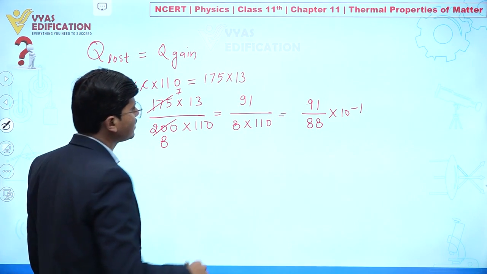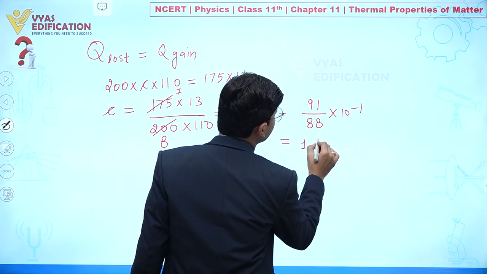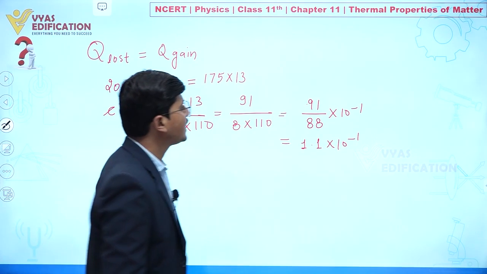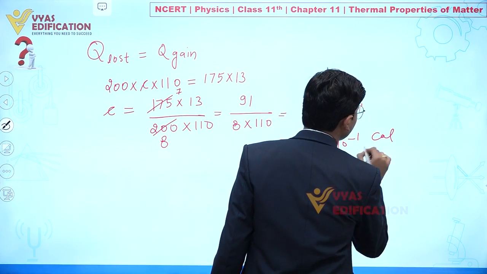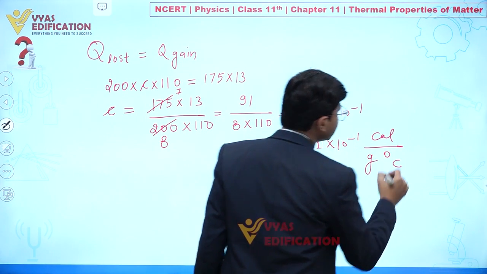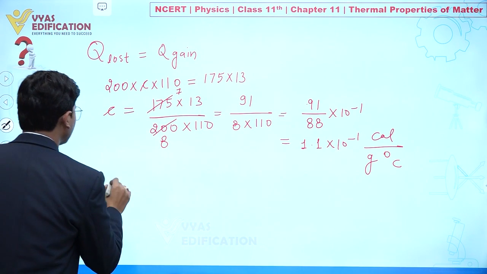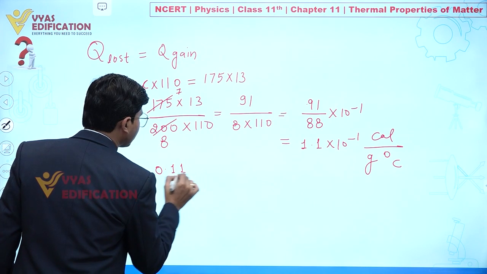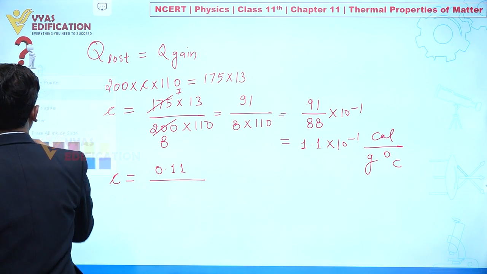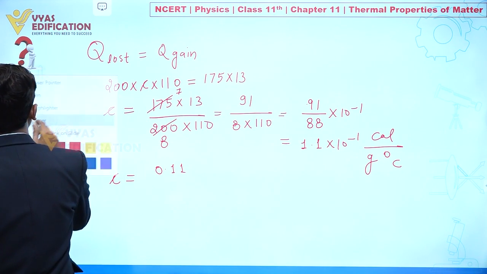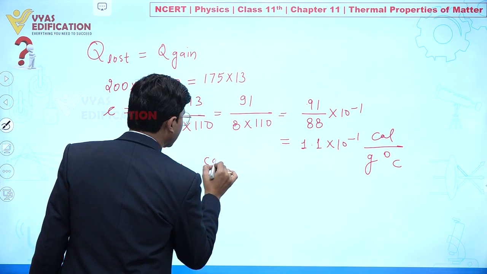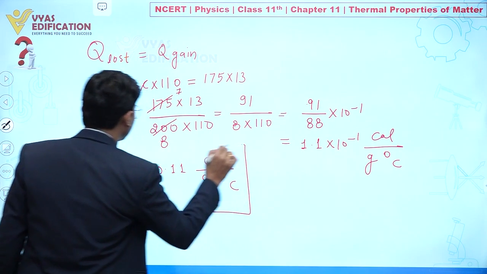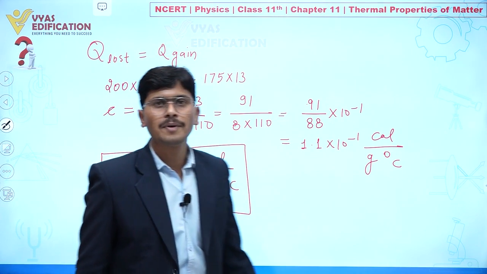So from here you can say this is near about 1.1 into 10 to the power minus 1, and this value we will get in terms of calorie per gram per degree Celsius. Clear? So from here we can say value of C is given by 0.11, and this is calorie per gram per degree Celsius. Clear? So this is what? This is specific heat of a copper block.